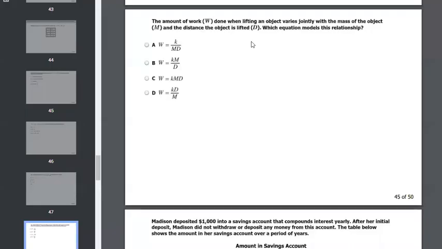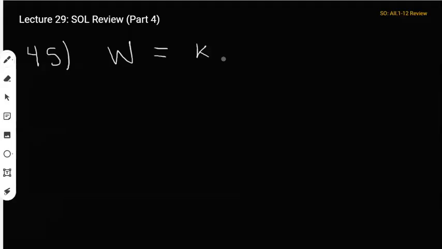It's going to vary jointly with the mass of the object, which is M, and the distance that the object is lifted, D. So what that means is joint variation means that you're multiplying everything together. So I need to multiply M times D. So far I have KMD. What else does it say?